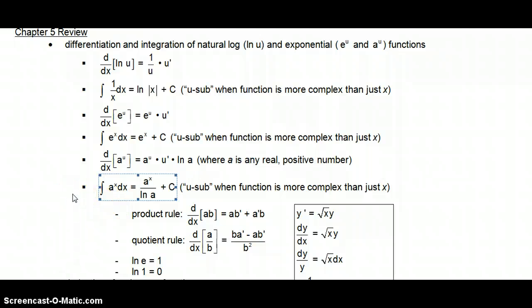The big derivative and integral rules for the AP test are the derivative of the natural log of u, the integral of 1 over x dx, the derivative of e to the u power, the integral of e to the x power, and the derivative of a to the u power.